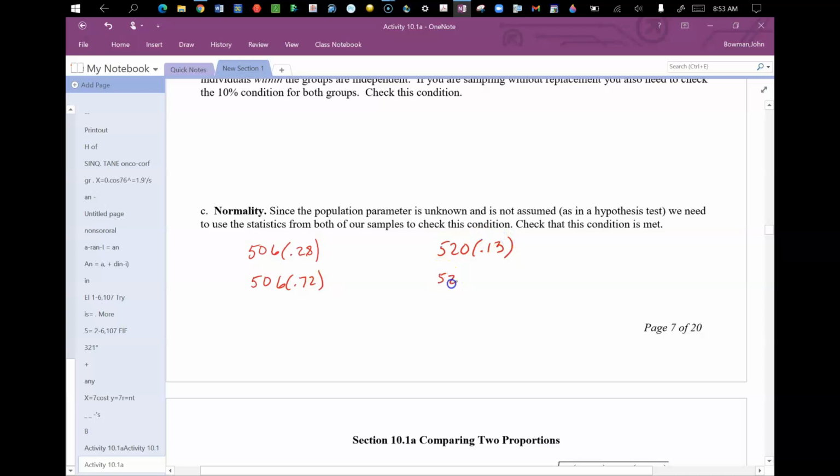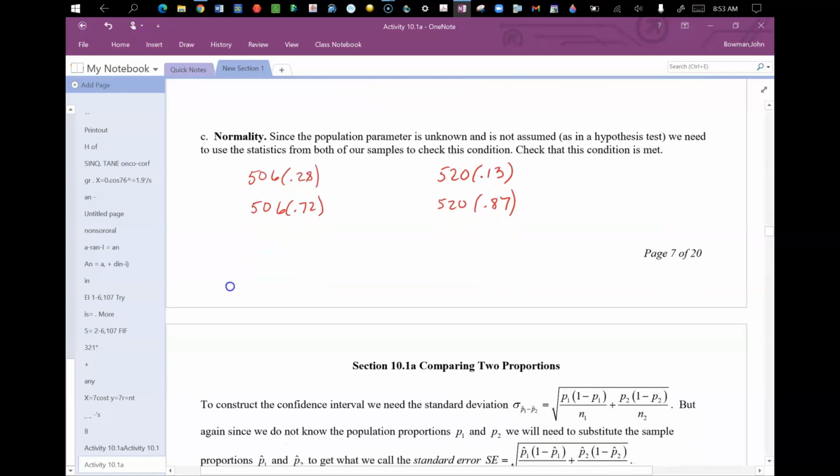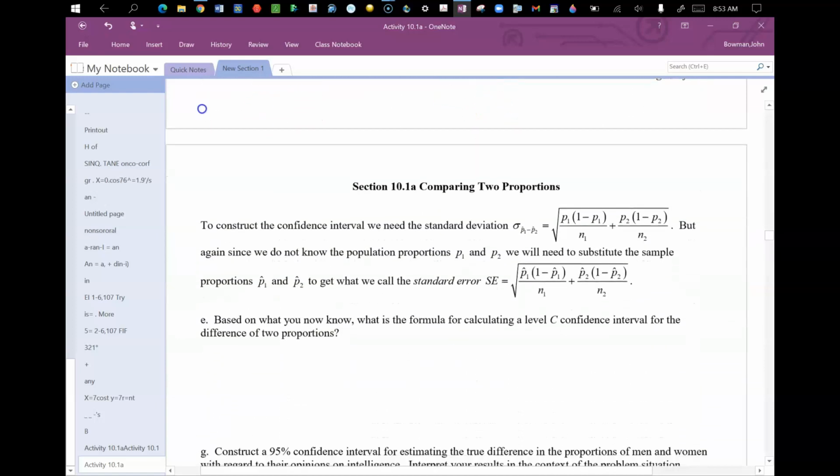And we would take 520 times 0.87. And you can verify that all of them are at least 10. So we can assume that each of the individual sampling distributions are approximately normal, and therefore the difference of the two sample proportions is also approximately normal.